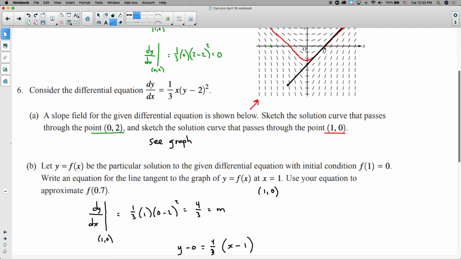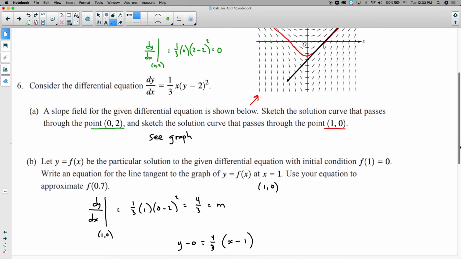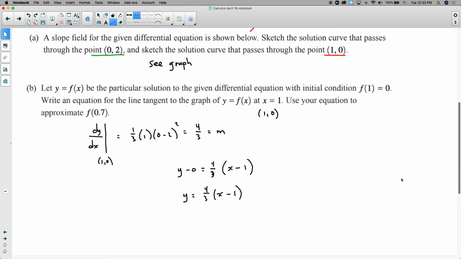So the idea is that since we have the equation of the black line, and the black line rides the red curve near (1, 0), we can find points on the black line, and that will approximate points on the red curve in that vicinity. Okay, so I'm not finding f at 0.7. I am finding this line's output at 0.7.